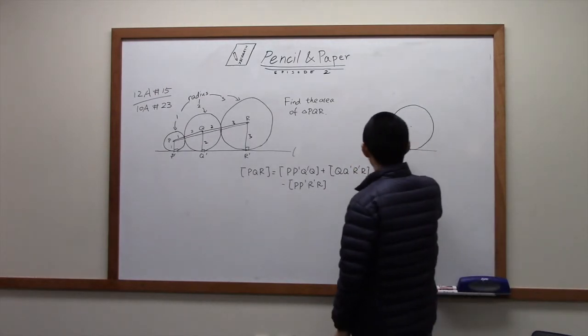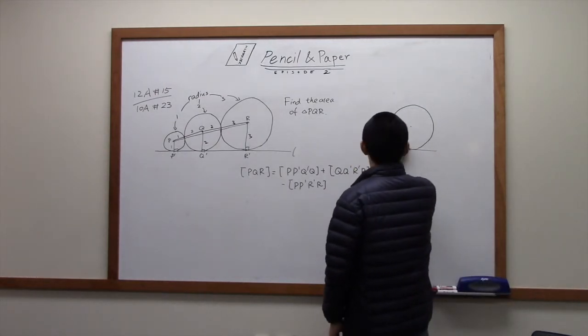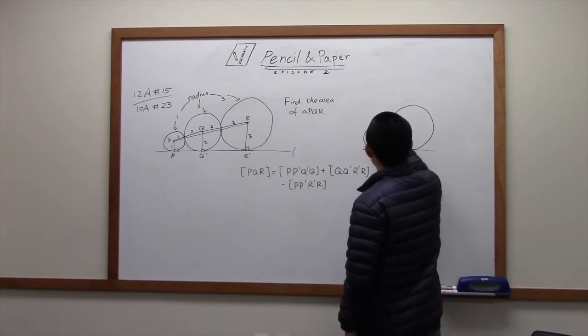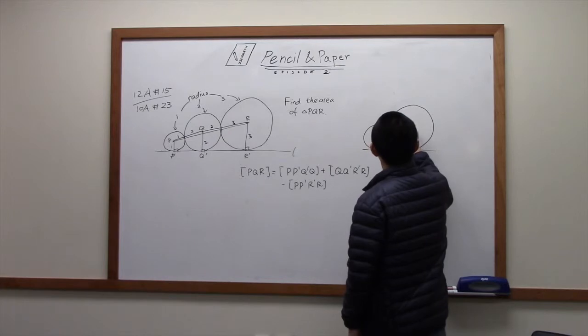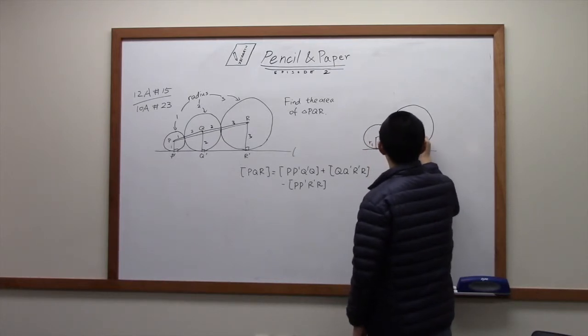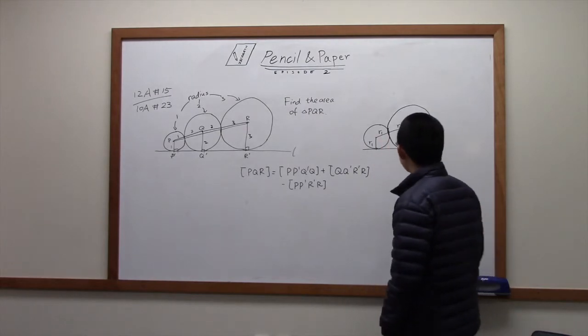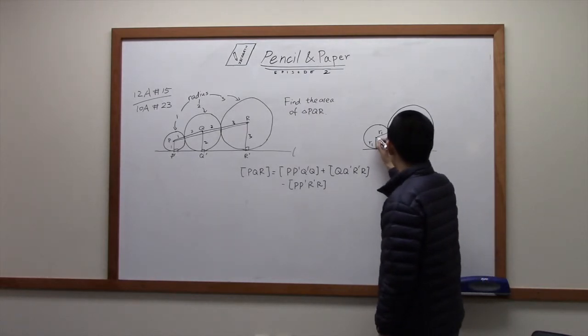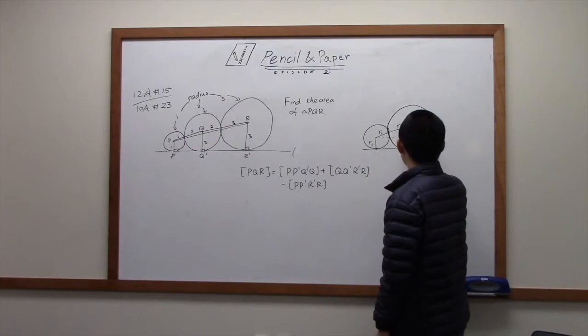So in order to develop this formula, let's consider a general diagram with this one having radius R1 and this one having radius R2. Our goal is to find the distance between the two common tangents. In order to do that, we can draw an altitude here.